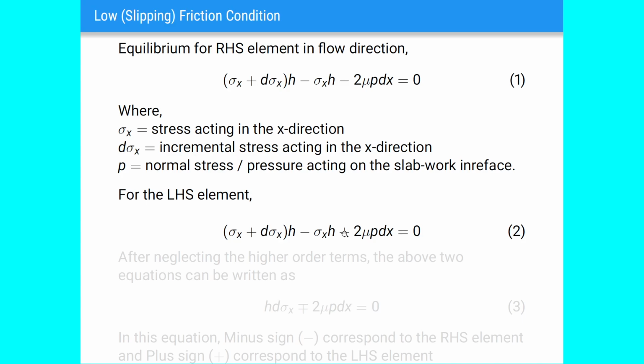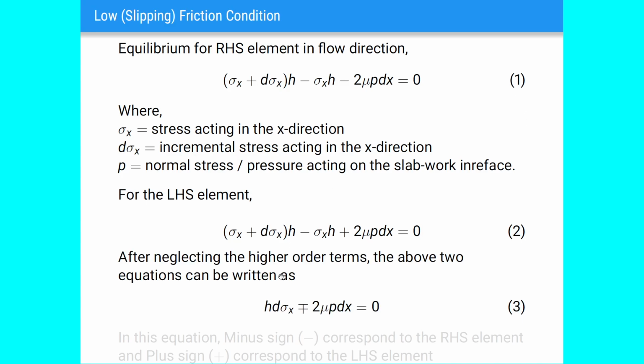So the difference is only between the minus and plus sign. So equations 1 and 2 can be written jointly as h d sigma x minus-plus twice mu p dx equal to 0. Let us say this is equation number 3.